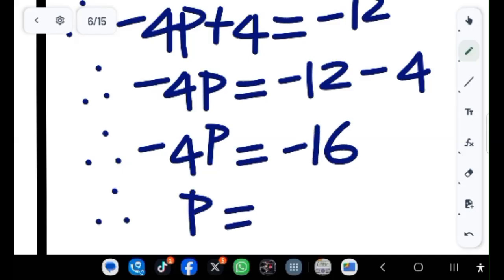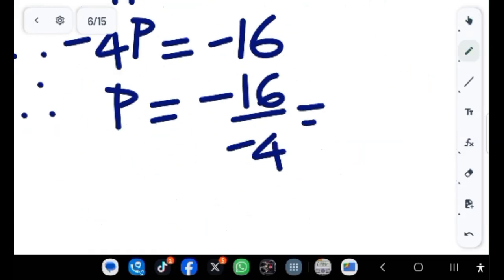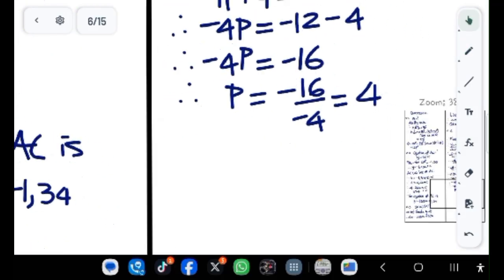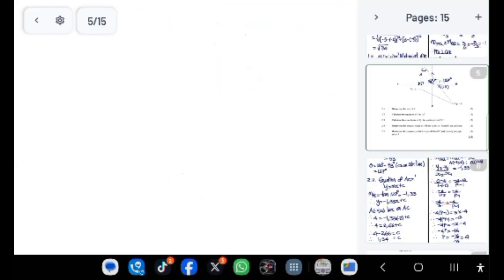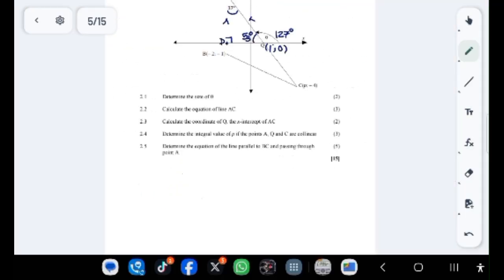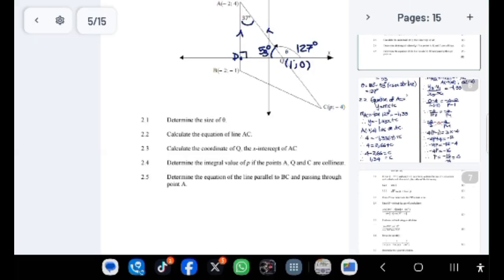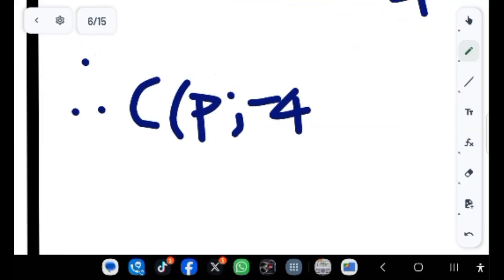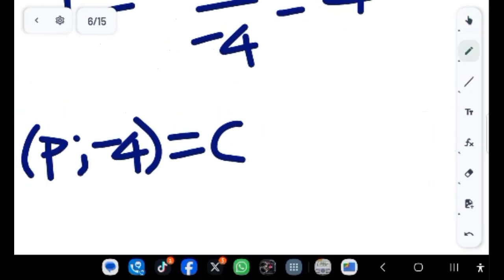Now we divide both sides by negative 4, and that gives us positive 4. Therefore, the coordinates of C are P is 4, so C is 4, negative 4.